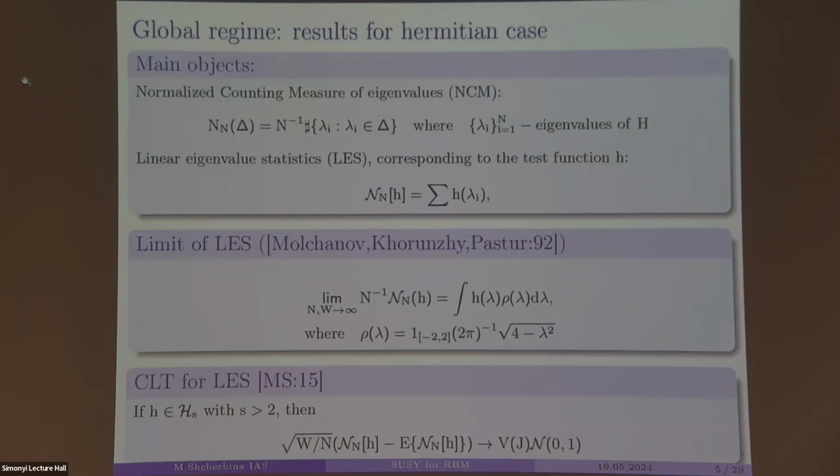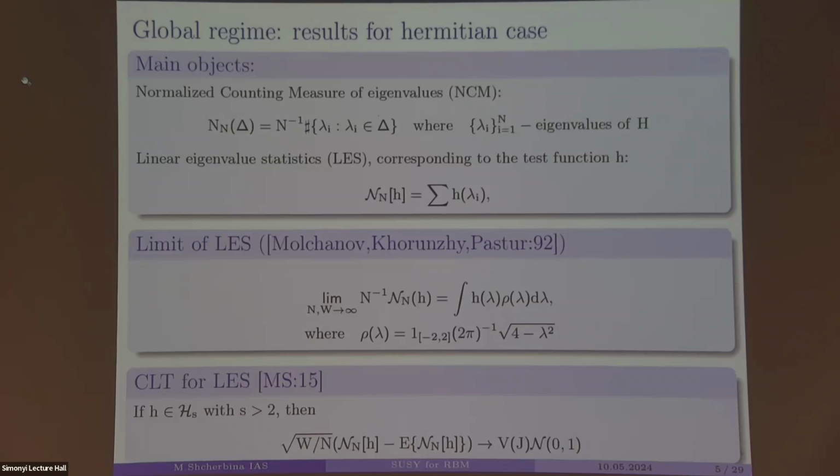In the case of Hermitian matrices, when the spectrum is real, or on some line like for unitary matrices, you take some interval delta and just compute how many eigenvalues are inside this interval and normalize.